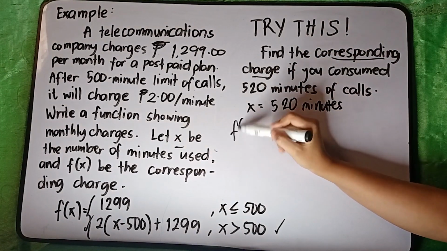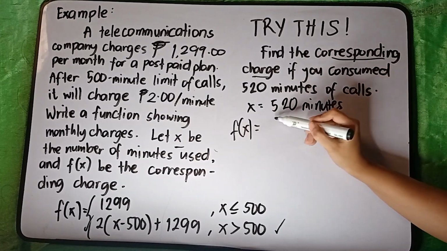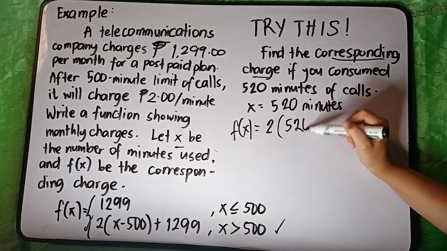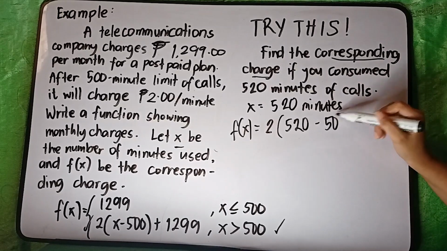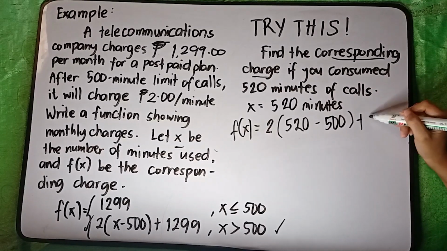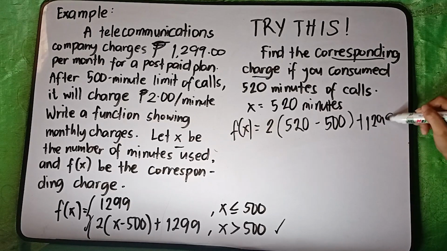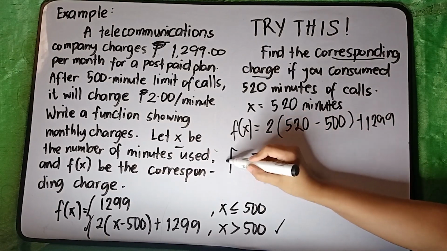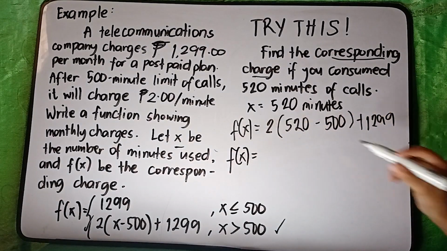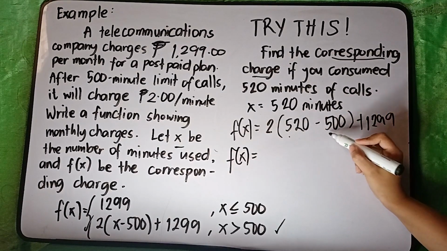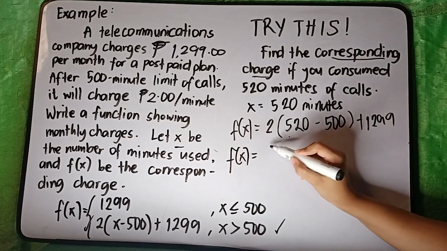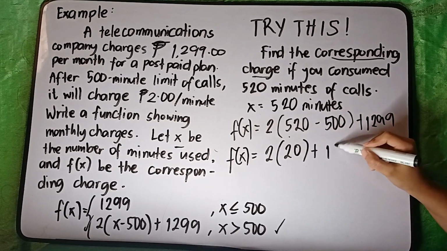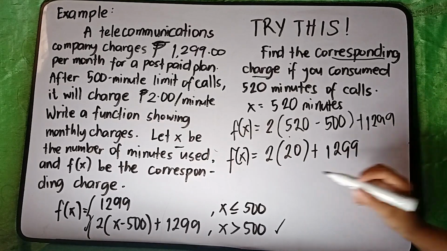So, we have f of x equals 2 times 520 minus 500 plus 1,299. So we have f of x equals 520 minus 500. We have 2 times 20 plus 1,299.